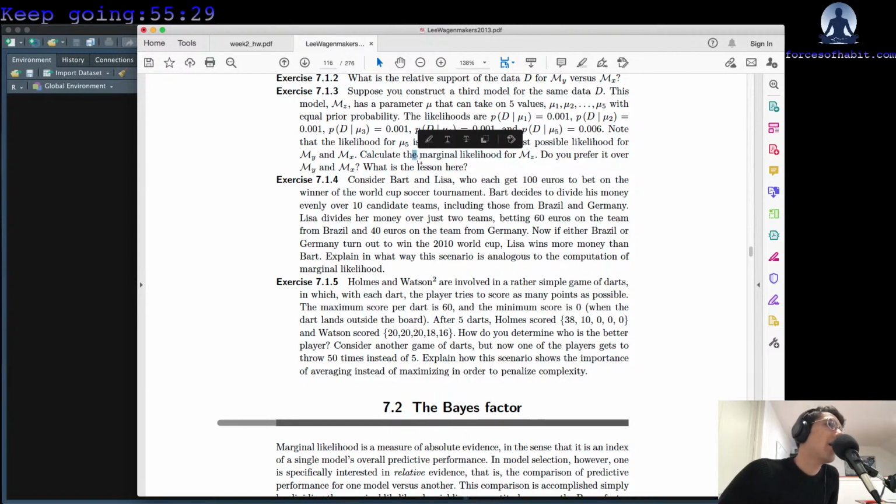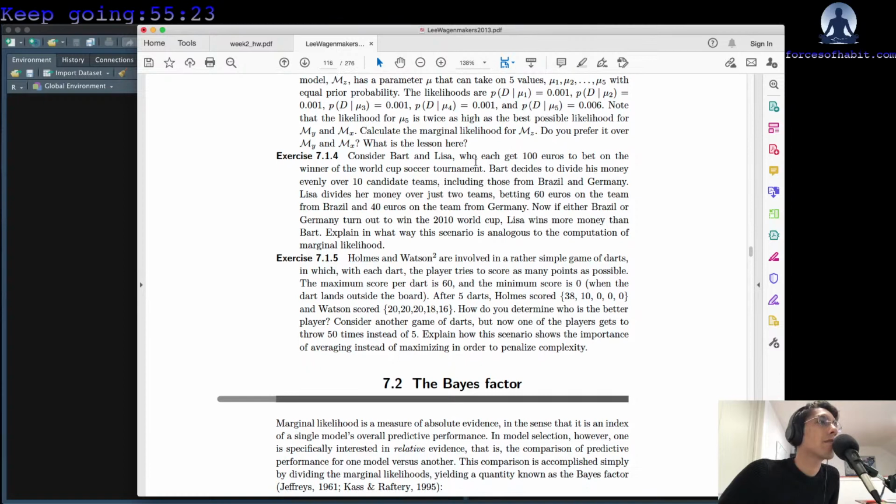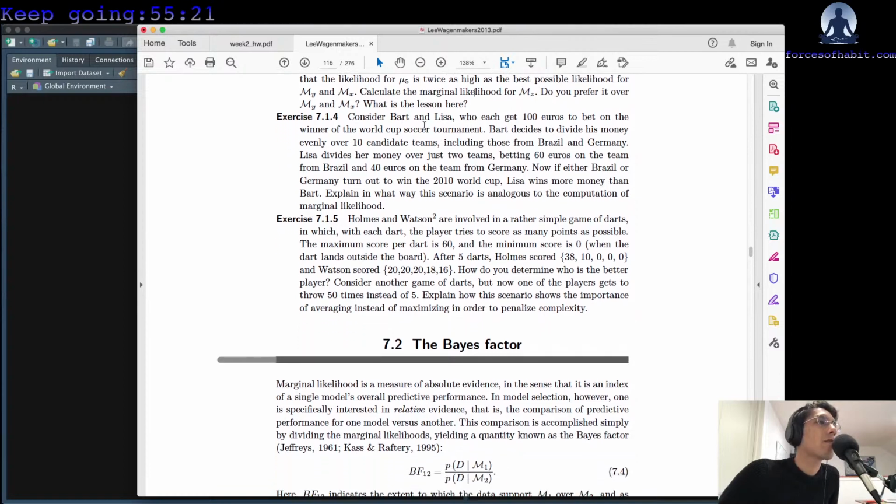Because we're not talking about the posteriors here. We're just talking about the marginal likelihoods. So that's just an instance of penalization for complexity.